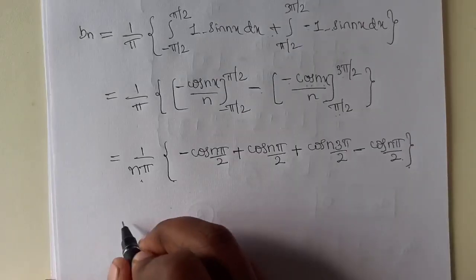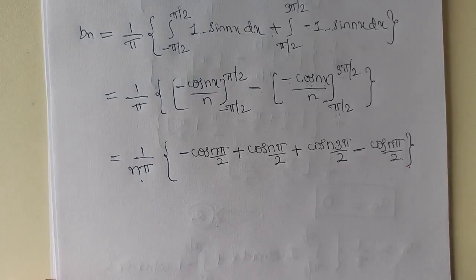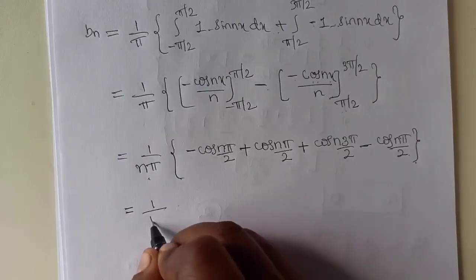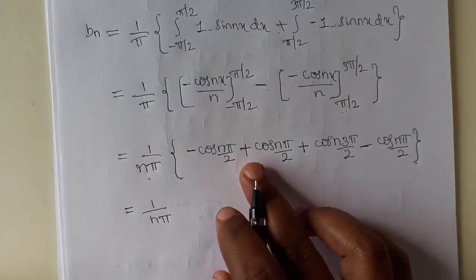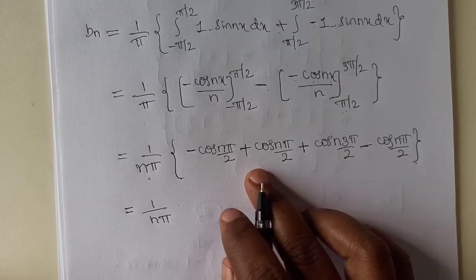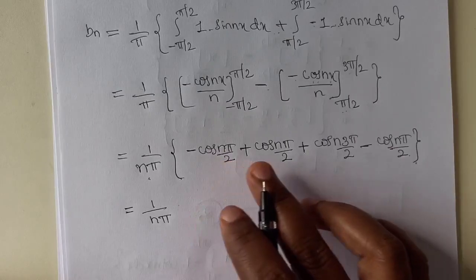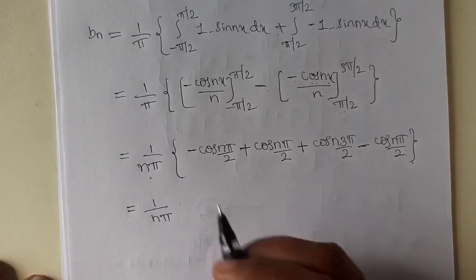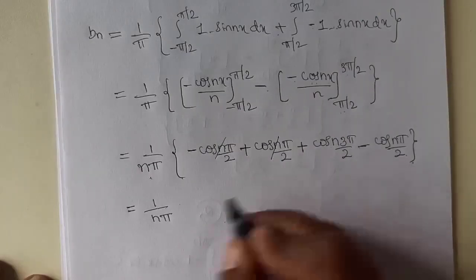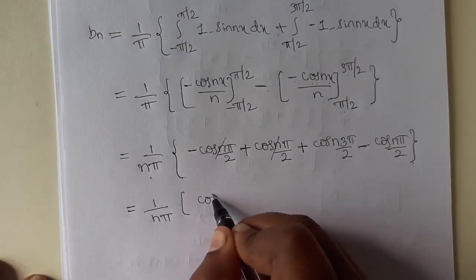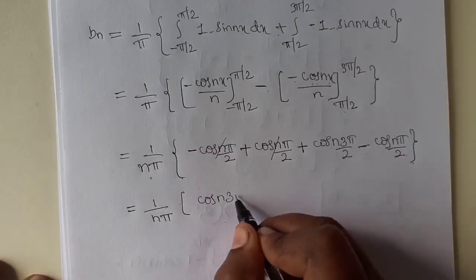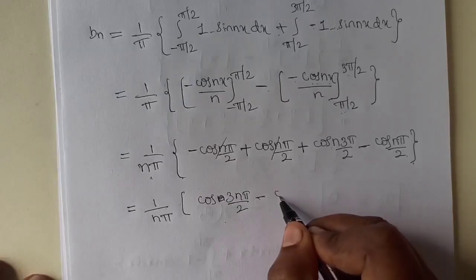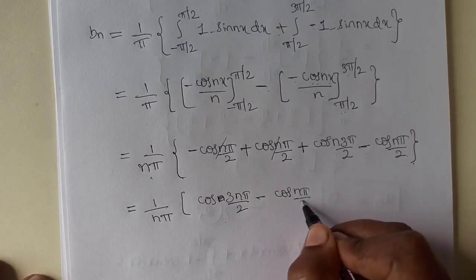Okay. So simplifying all this, we get 1 by n pi. Simplifying these, this cos n pi by 2 and cos n pi by 2 get cancelled. We get cos 3n pi by 2 minus cos n pi by 2.